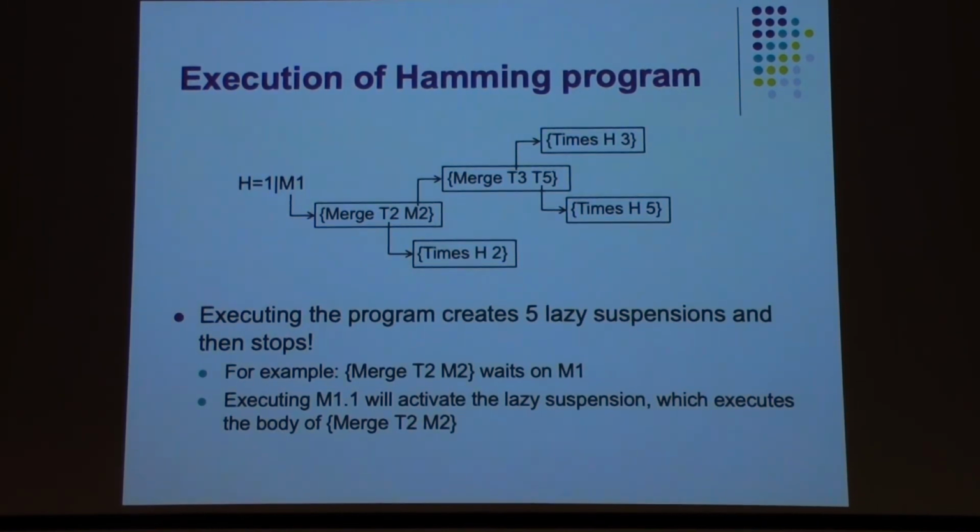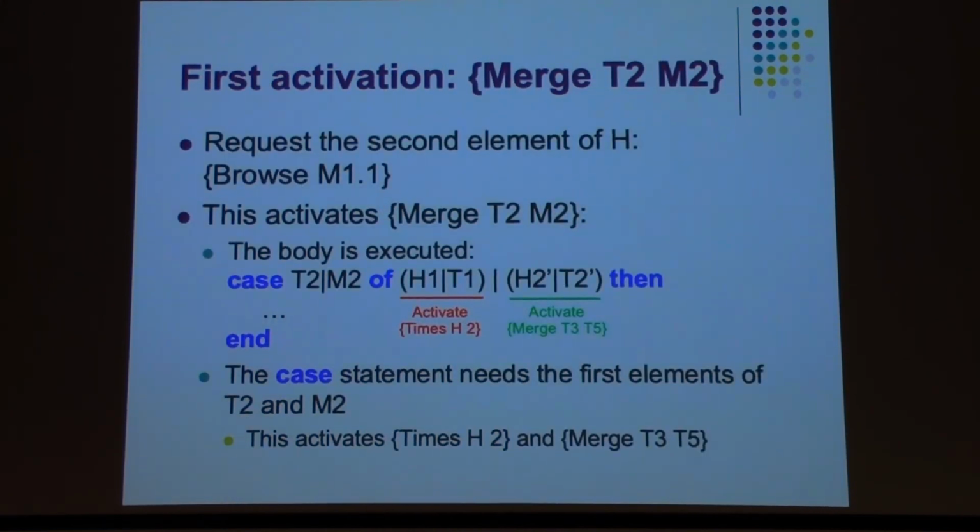A little bit farther down the list. So whenever I ask for a new element, I activate 5 suspensions and I create 5 new suspensions. It's a lot of work, but it's all implicit. It's all hidden behind the lazy annotation. Okay? Just to explain it. This is nothing new. I'm just showing you the consequence of the definition we made. Okay?